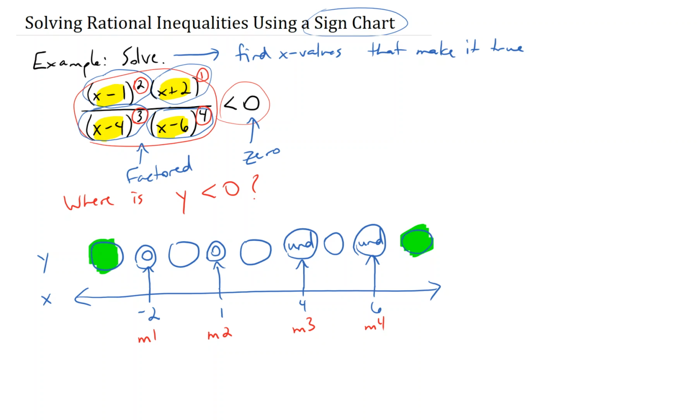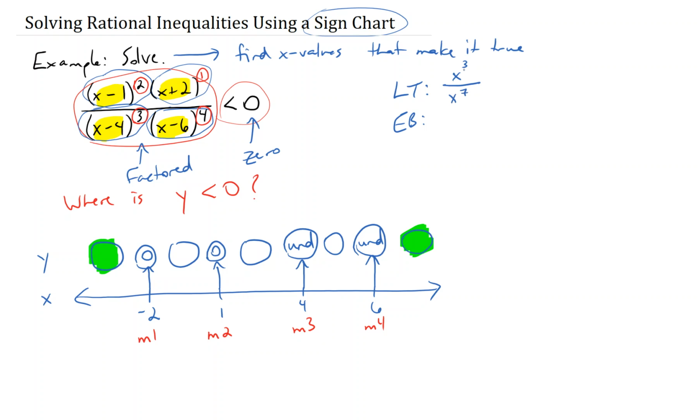But using what we've learned in other videos about graphing rational functions, we could also use the leading term and the end behavior, okay? So the leading term is going to be a fraction. On top, if I multiply out everything on top, I'll get x squared times x to the first. That's x cubed. On bottom, I'll get x cubed times x to the fourth. That's x to the 7th.